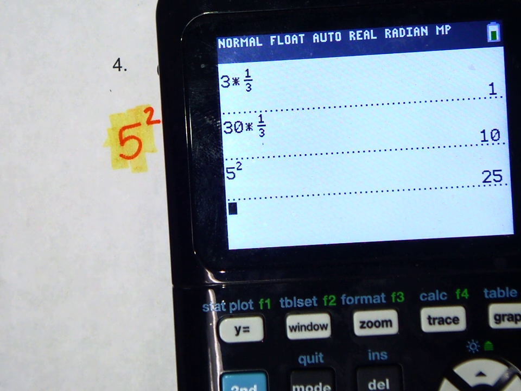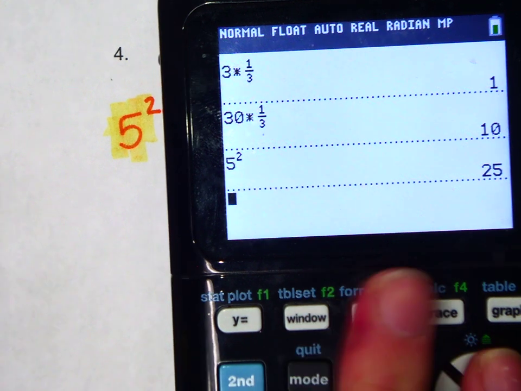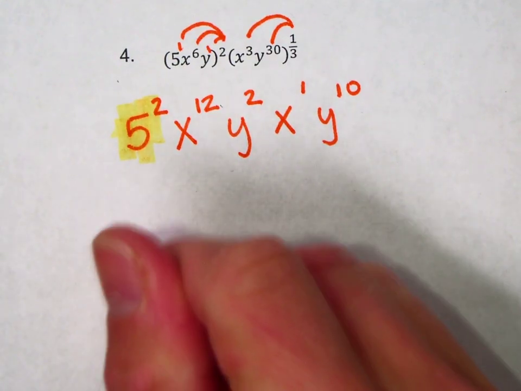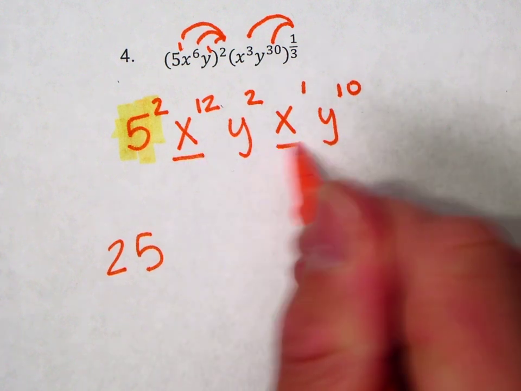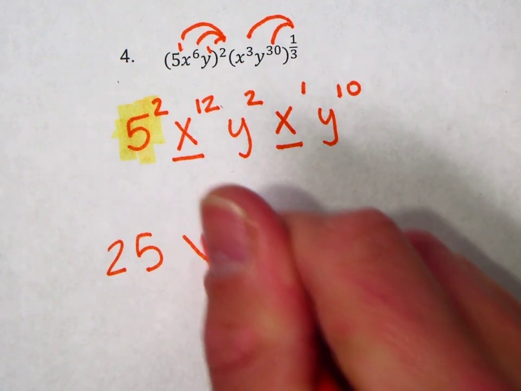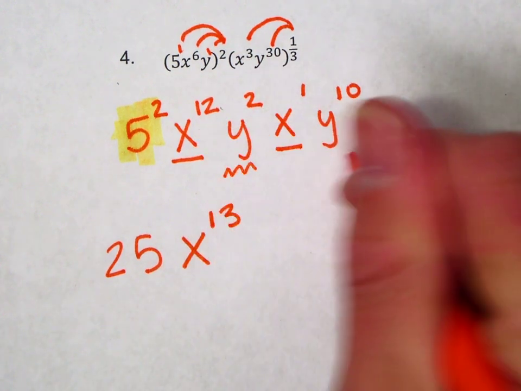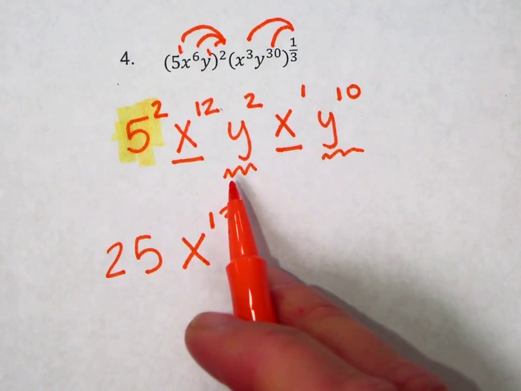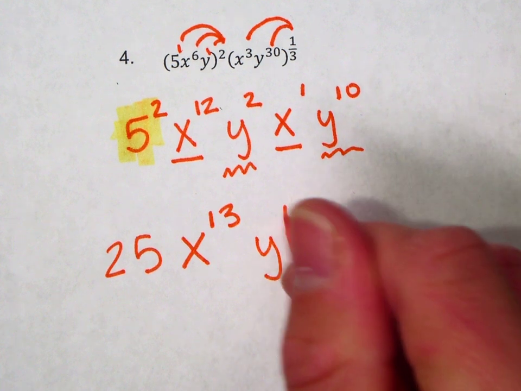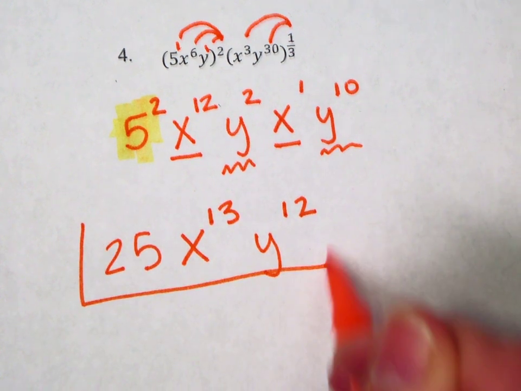So I'm going to type it in just like I see it, 5 squared, and I get 25. The x's I'm going to combine, and when you combine them, you add your exponents. I get x^13, and I'll do the same thing with the y's, and I'm going to add the y exponents and get y^12.